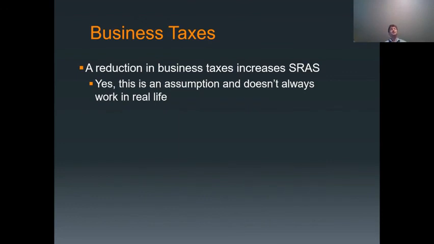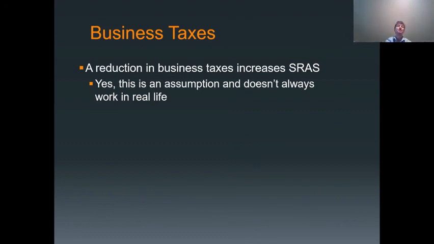The other type of taxes that you have to know a bit about are business taxes. So a reduction in your business taxes is going to increase your short-run aggregate supply. And this is another one of those things that is sort of an assumption of the AP test, and in some cases the economic world, that doesn't always necessarily work in real life.